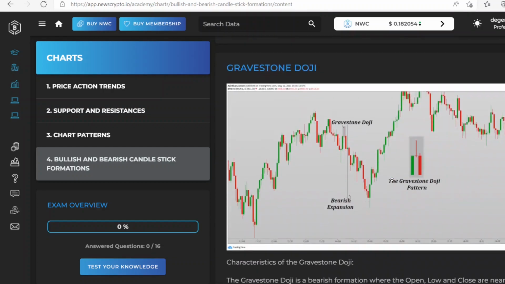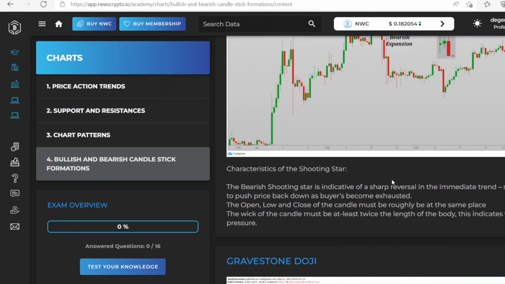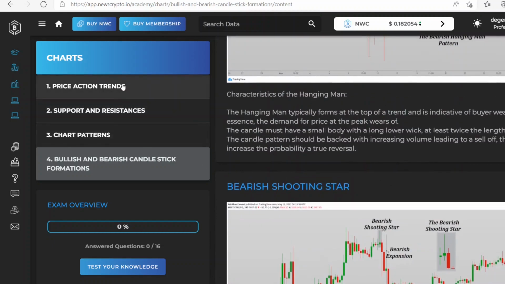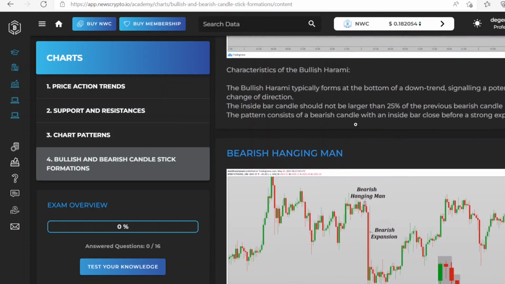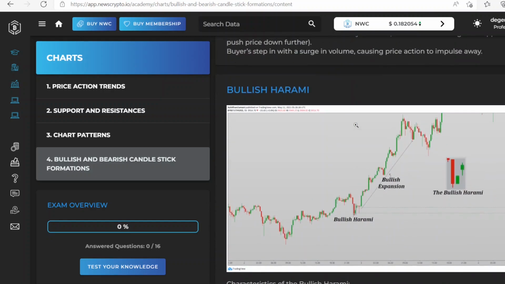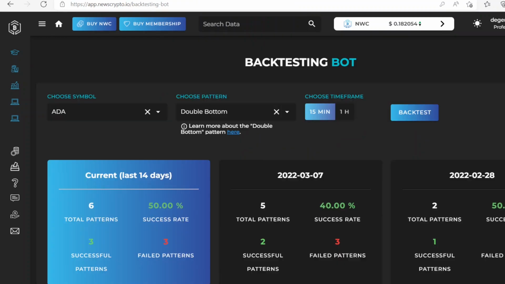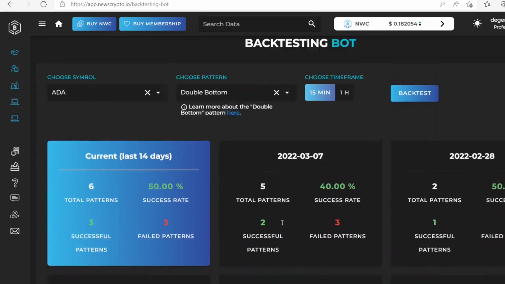So if you are a beginner, you come over to this Academy, you can learn everything you need to know about technical analysis, and then you can decide, okay, I like double bottoms or whatever, create your own trading strategy around that, and then use the backtesting bot to test whether your strategy works on a certain coin over a certain time period.